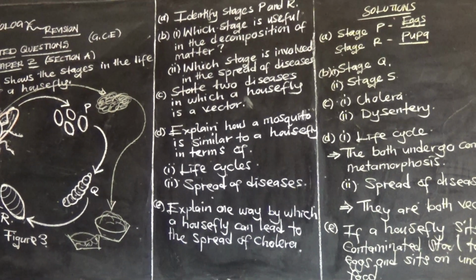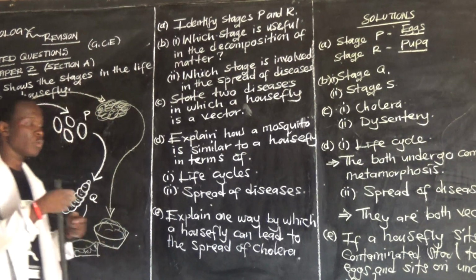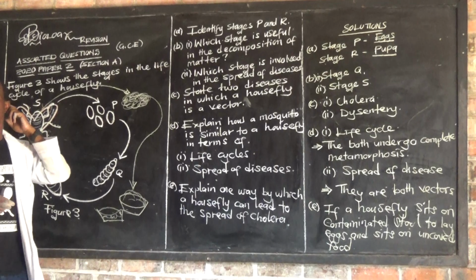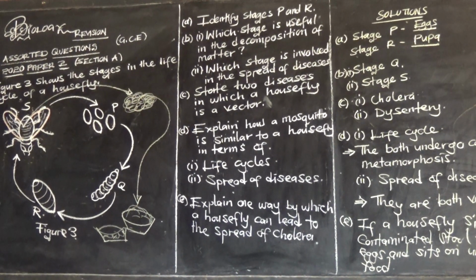Let's say the contaminated stew consists of cholera organisms, small harmful organisms. You end up having cholera if you consume that food. It's as simple as that.